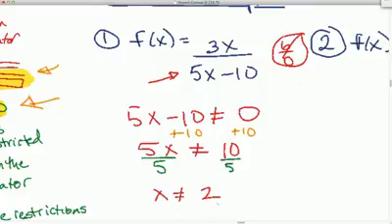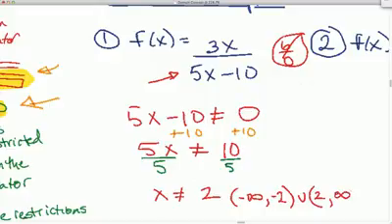So here in interval notation, we would start at negative infinity and go to 2, and that would be joined with, oops, sorry, it's a positive 2, to infinity. Let's see if I can get an eraser in there.